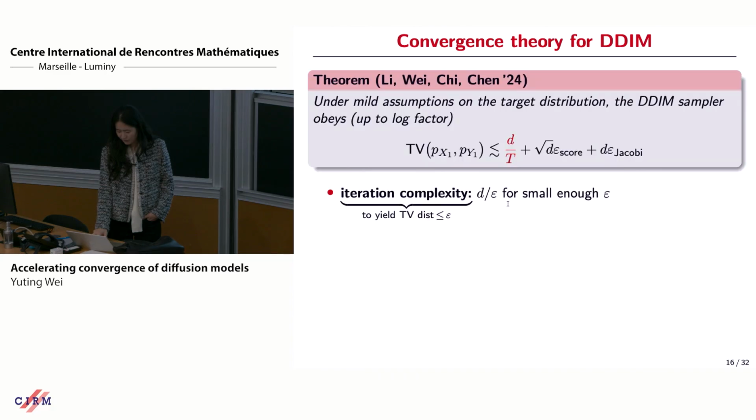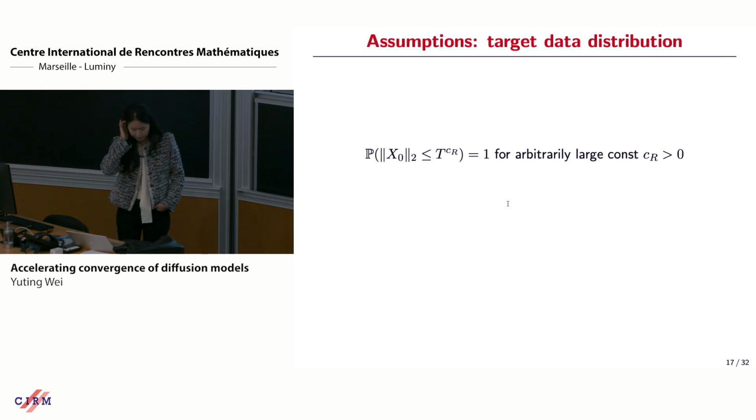In order to do that, I will tell you first about the mild assumptions that we put on the target distribution. The first assumption is that your target distribution is supported on a set where the L2 norm of X_0, with high probability, is bounded by a very large constant that can grow with T. So we only need X_0 to have a compact support.